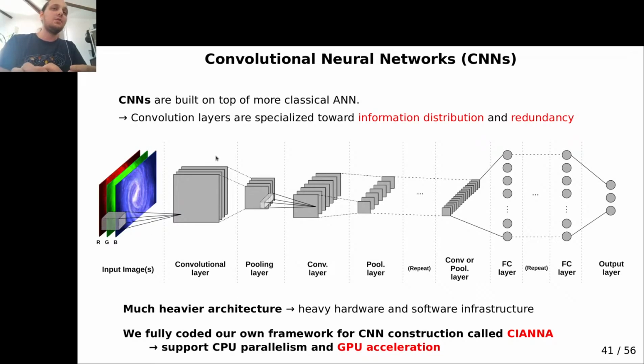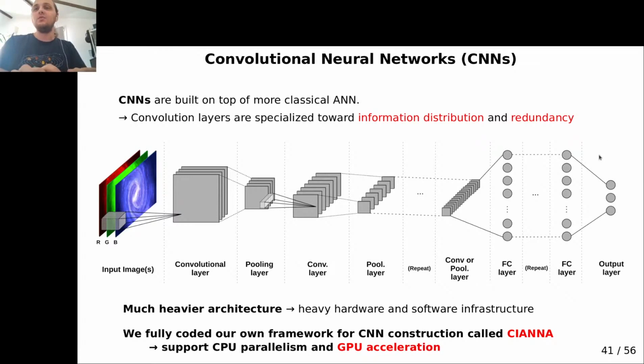Those are much more complex architectures, so I will not describe them here. But what is important is that those convolutional layers are specialized toward information distribution and redundancy of the information inside images. Those convolutional layers can be stacked on top of each other, just like we did for classical artificial neural networks, in order to construct more and more complex patterns inside an input image.